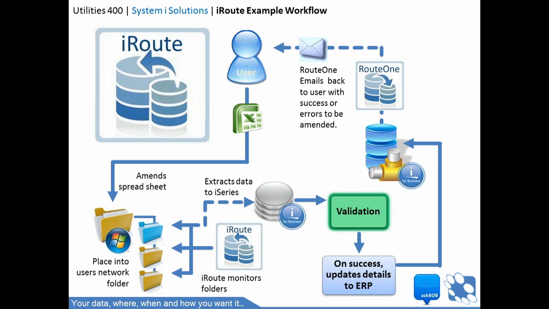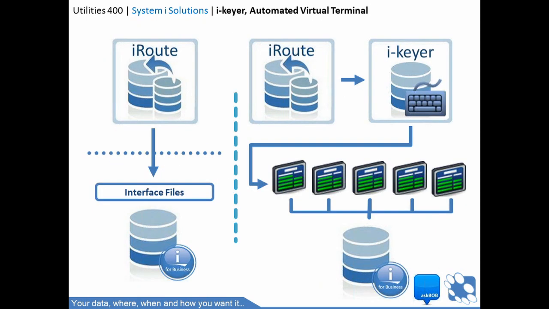Now, we have a number of ways of interfacing that with the database. We can interface directly using the validation routines in iRoot itself. We can go through the interface files, perhaps if you're using an ERP system or the like that has its own interface files. But more often than not, the preferred path is to say, actually, I don't want to go through the interface files.